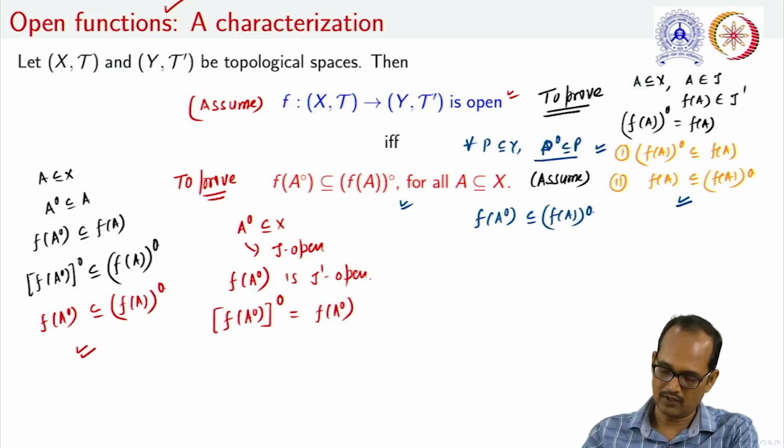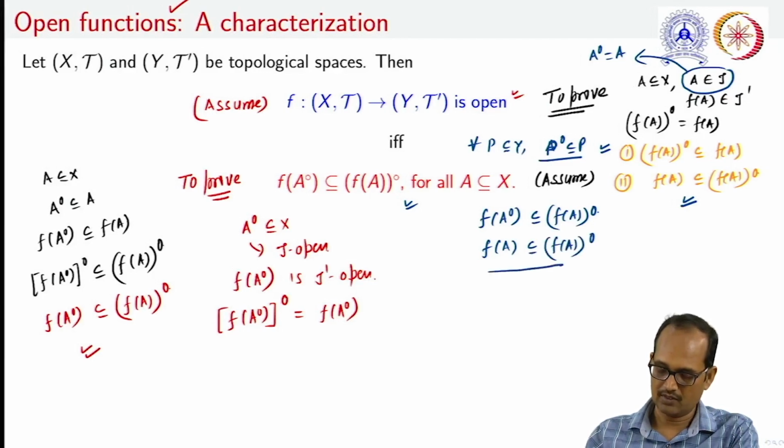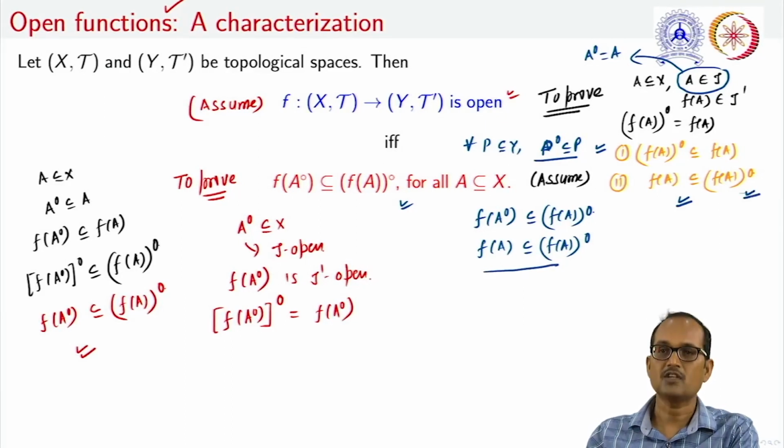But note that we have taken A as a tau open set, that is, interior of A is equal to A. Therefore, f(A) is a subset of interior of f(A). That is the justification of this statement, and therefore interior of f(A) is equal to f(A), or f(A) is tau' open, hence f is an open map.